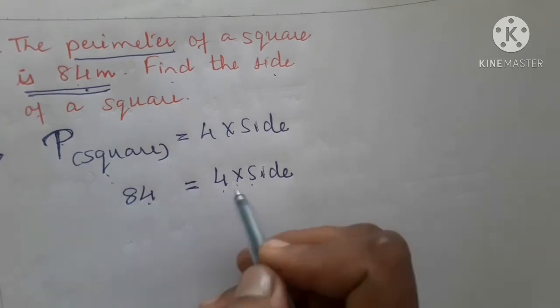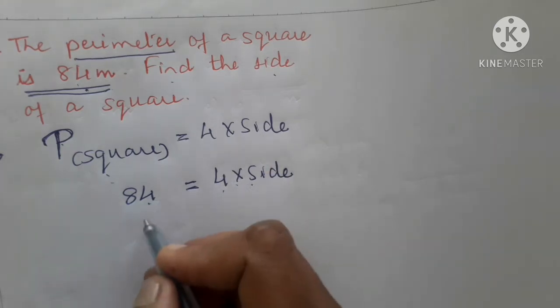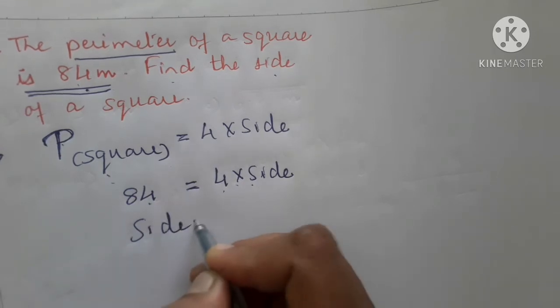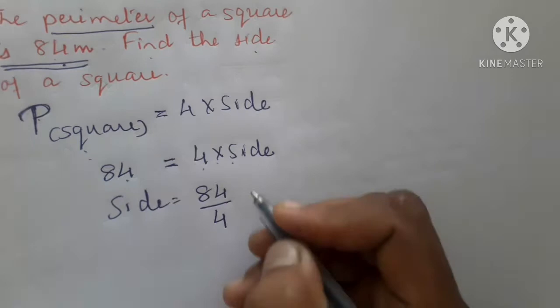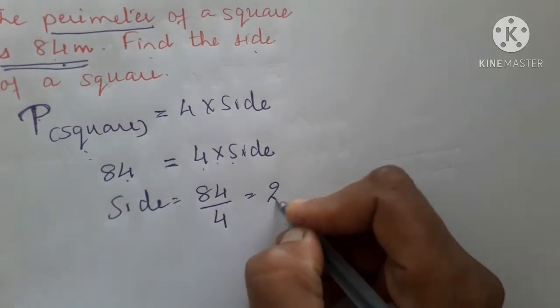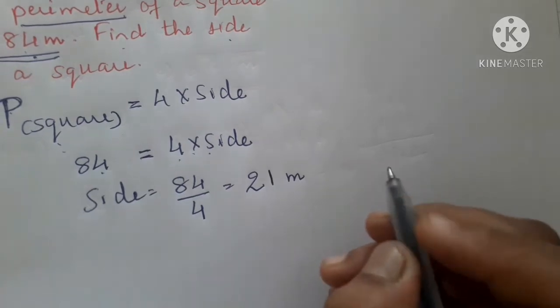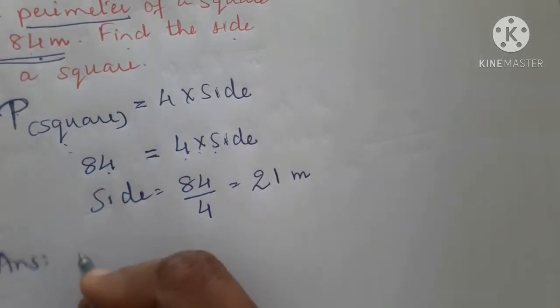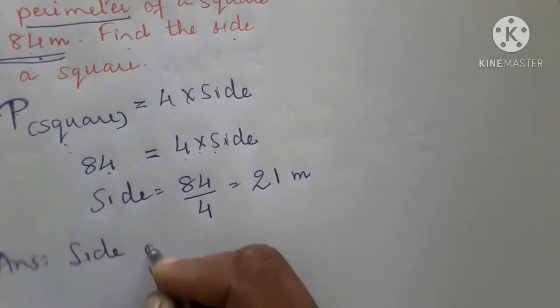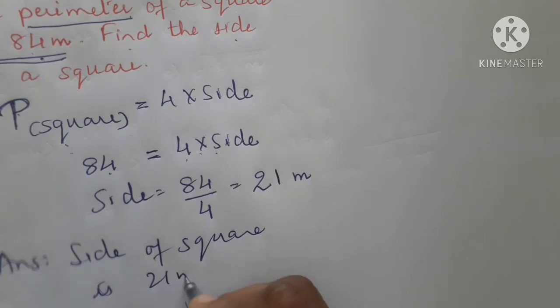Now this type of equation solving also we are going to see, but here you can do it as side is equal to 84 divided by 4. So here 4 2s are 8 and 4 1s are 4. So what is the answer now? 21 meter. So write here the answer as side of a square is 21 meter.